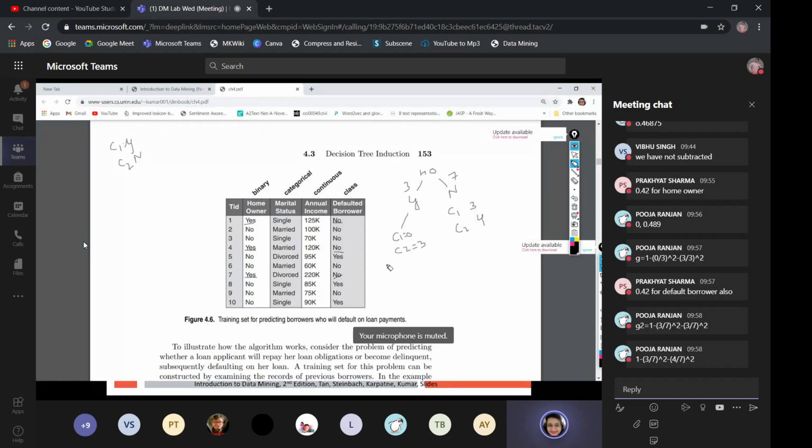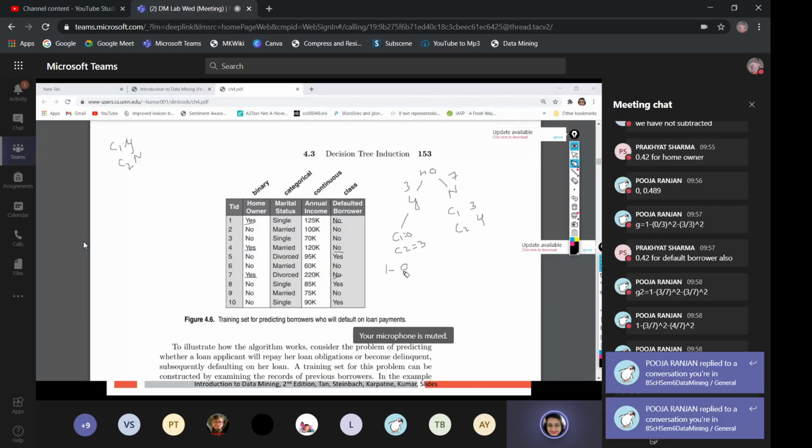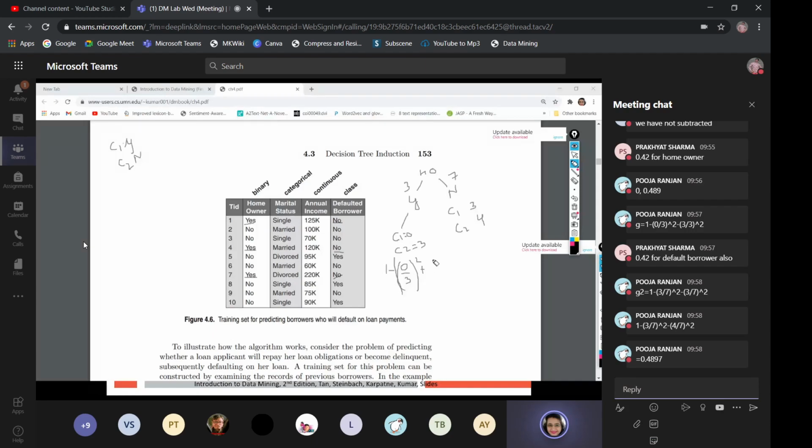So she's saying for this node I'm computing 1 minus (0/3) square plus (3/3) square.